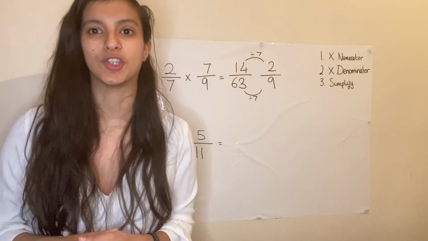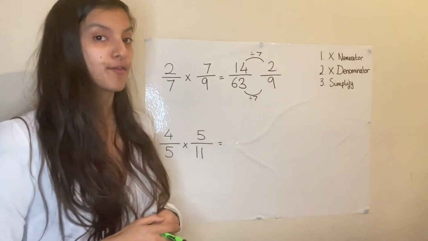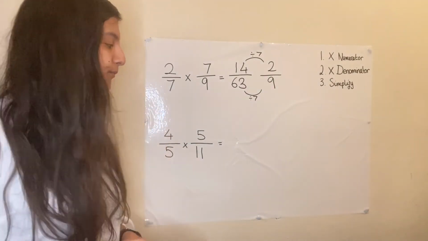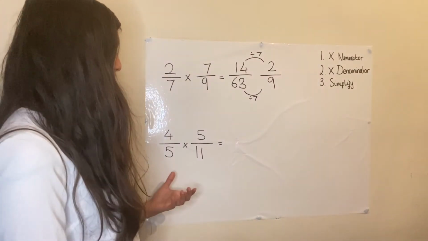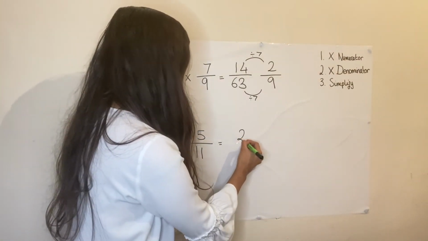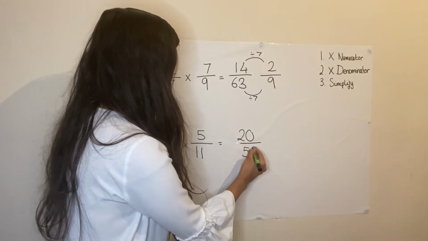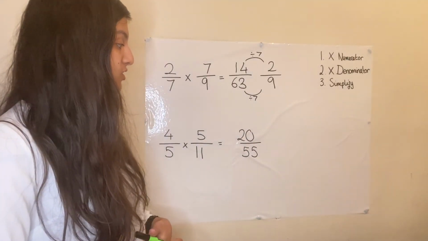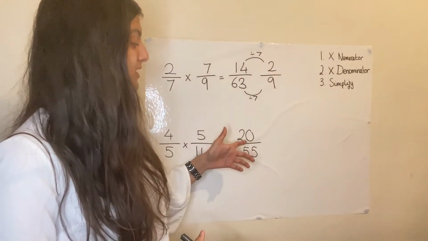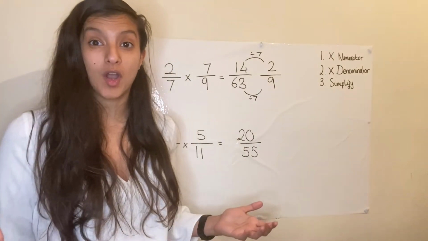Okay, last question. So I've got 4 over 5 multiplied by 5 over 11. So I need to start by multiplying my numerator. So 4 times 5 is 20. And 5 times 11 is 55. So step number 3 is to find out my simplified fraction. So I need to look at what goes into 20 and goes into 55. I can tell that they're both divisible by 5.